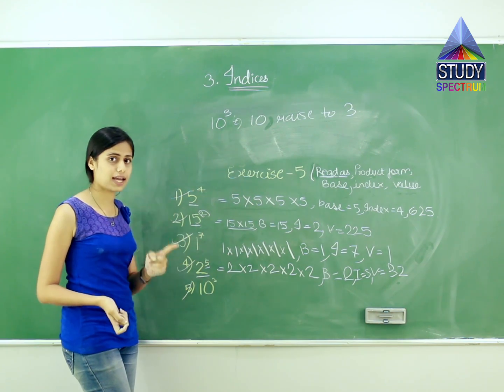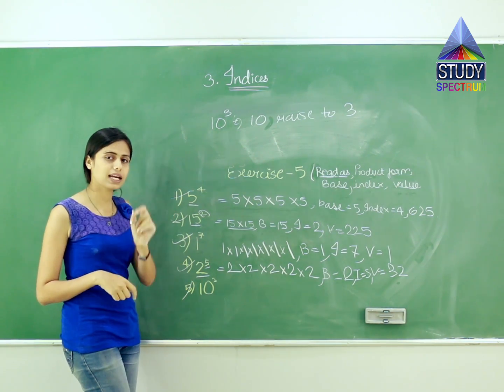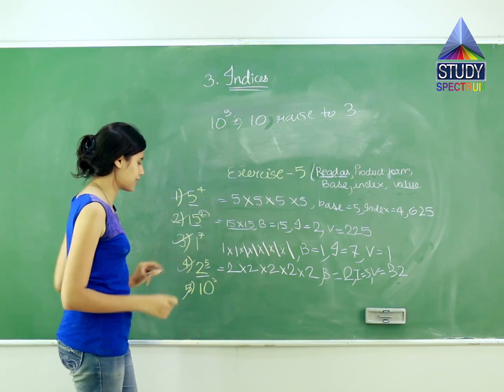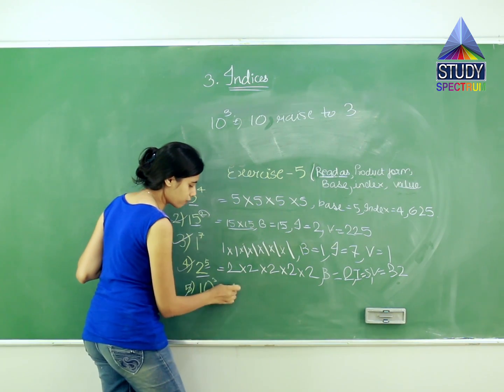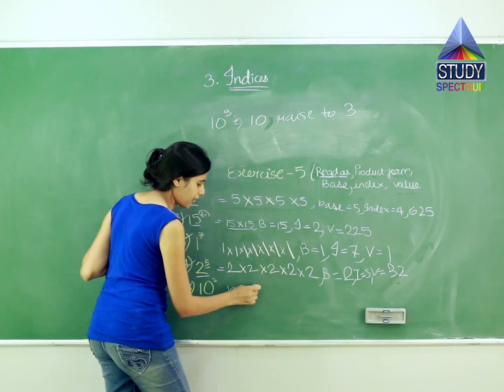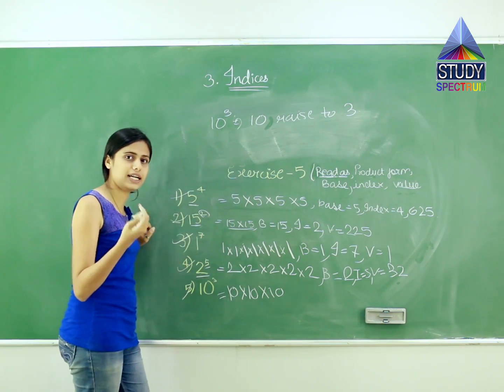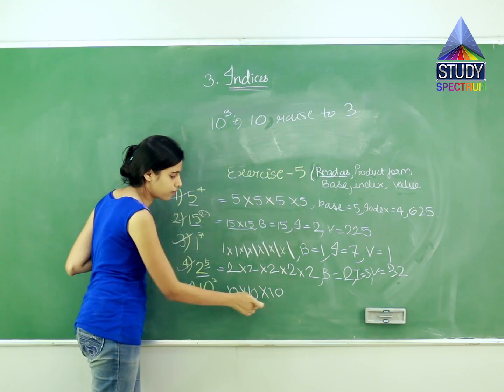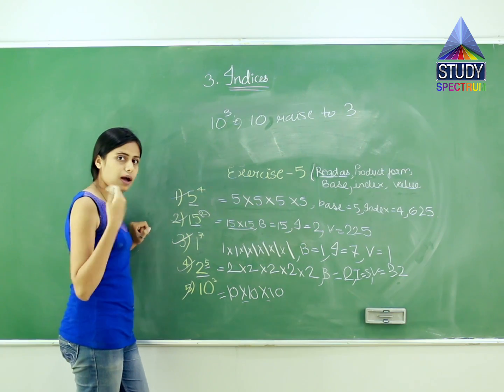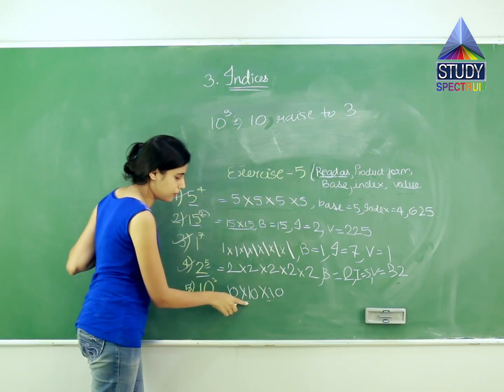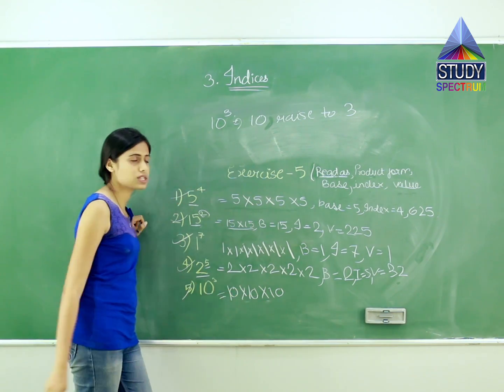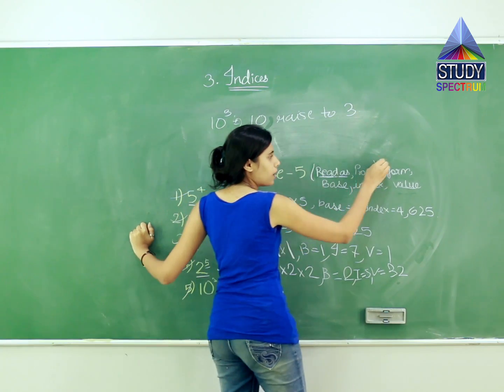This base 10 has to be repeated 3 times because 3 is given in the index. So what is the product form? 10 into 10 into 10. That is, 10 written 3 times with a multiplication sign in between. So this is what the product form is.